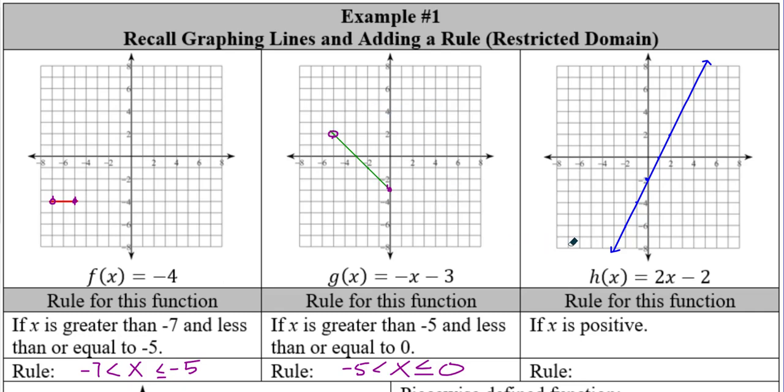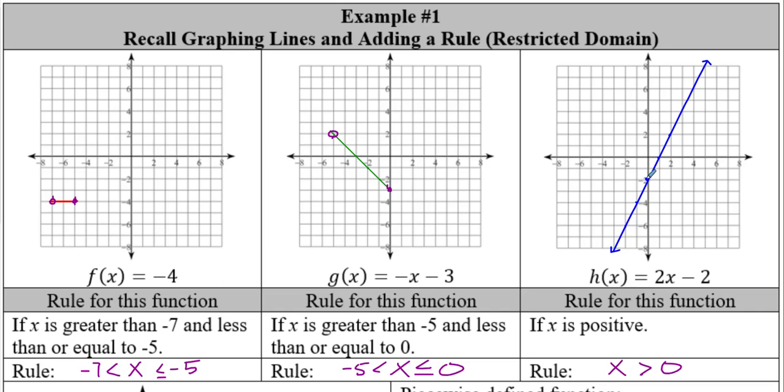Boom. And then last but not least, the last one says if x is positive. Well, how can I write an inequality? It didn't even give me a number. But what are positive numbers? They're all greater than what? Greater than 0. And it didn't say greater than or equal to 0. I just want all positive numbers, so that means they have to be all numbers except for 0.